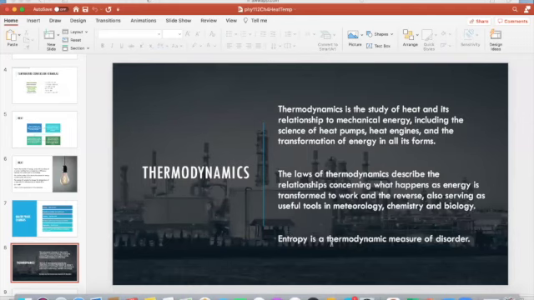All right, and entropy is a thermodynamic measure of disorder. So there's always some sort of chaos within a system. You're always going to have some sort of loss of heat or loss of energy. There is no perfect engine. So to measure that chaos or disorder, this is where entropy comes in.